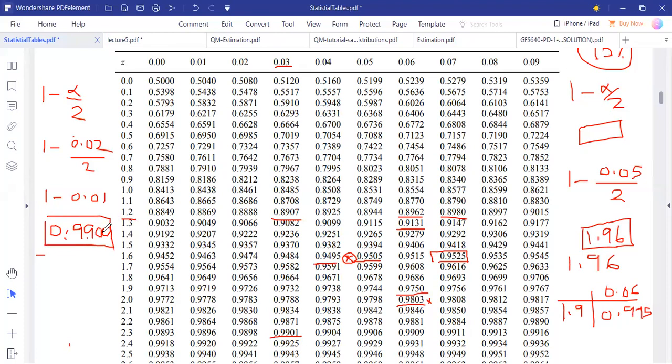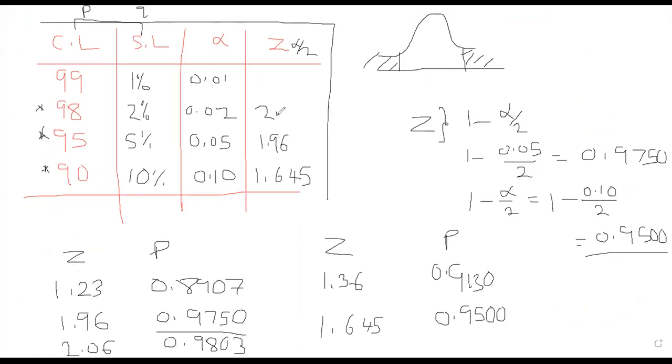We look at where we can see 0.99 inside the table. Somewhere at 2 point. Yeah, it's at 2.33. Yes, 2.33. So this is why it is about 2.33. And if you do the same procedure, this will give you 2.58.